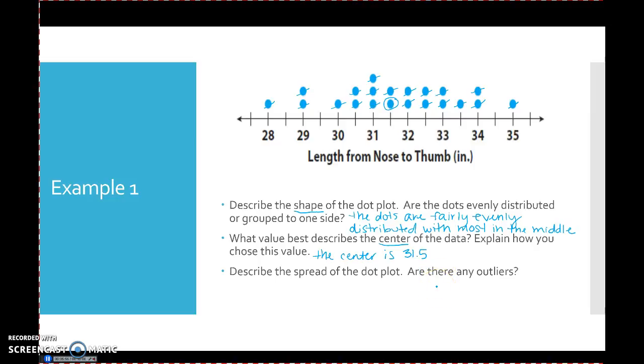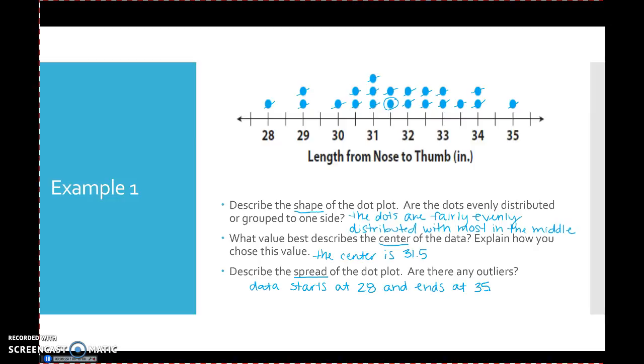All right, so now it says describe the spread, which is another word for range. So the spread, so the data starts at 28. And it goes to, so it ends at 35.